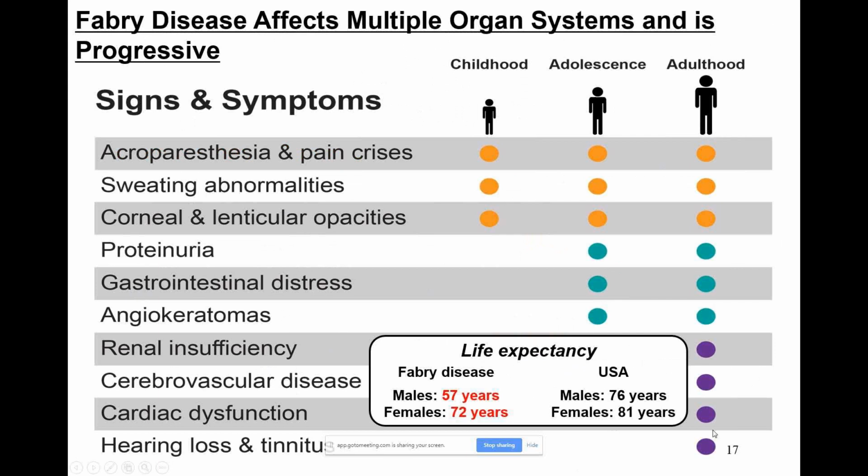But then as we go into adulthood, and these are the symptoms that shorten their lifespan by about 10 to 20 years, they'll have strokes, renal failure, and heart attacks. So this is a good example of how these diseases are progressive, because with age, their cells are accumulating more and more of that particular glycosphingolipid.